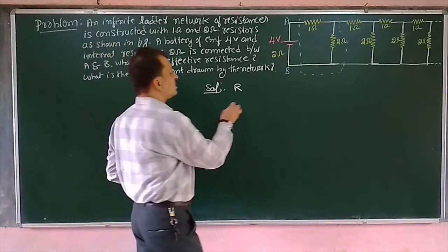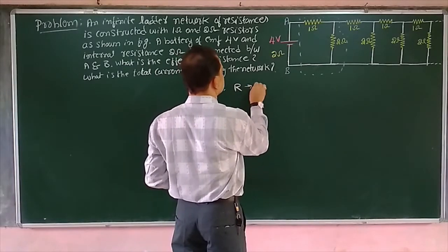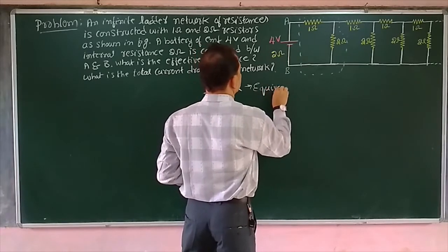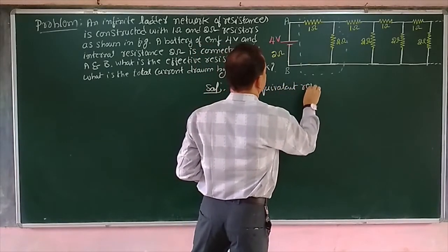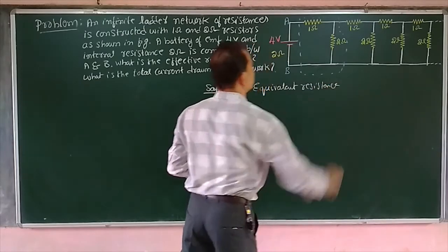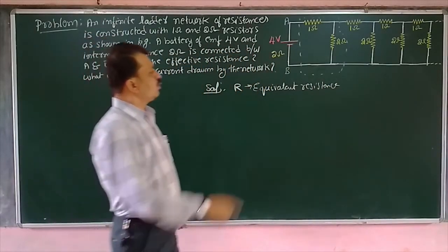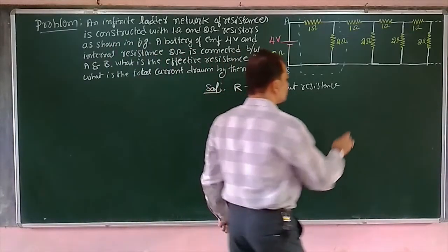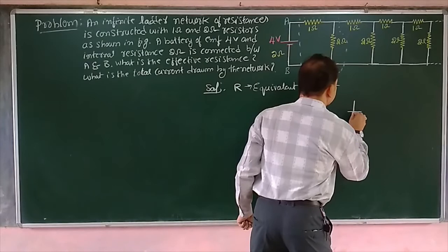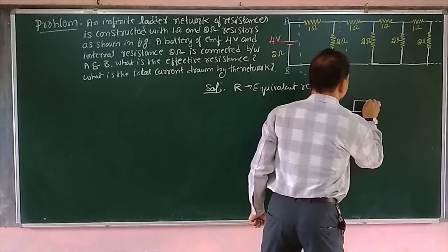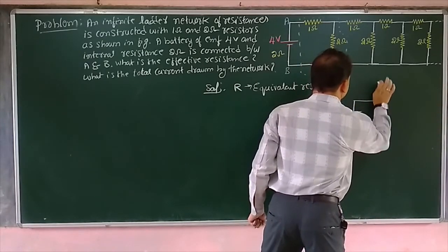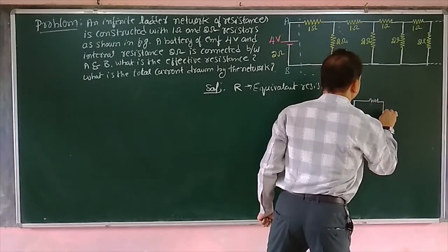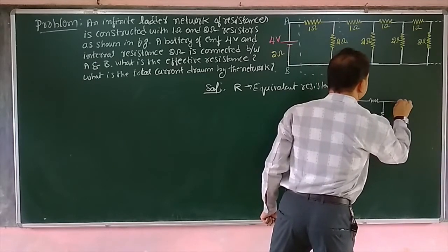Now let R be the equivalent resistance. We will consider it as an equivalent resistor. Now if I add one more unit of this infinite series, the circuit reduces to this. Here we have one additional unit, which is added to the infinite series.